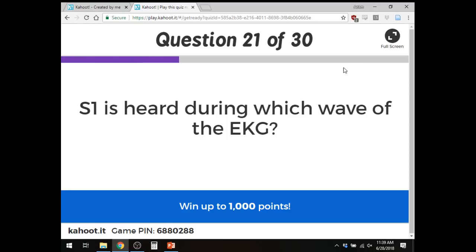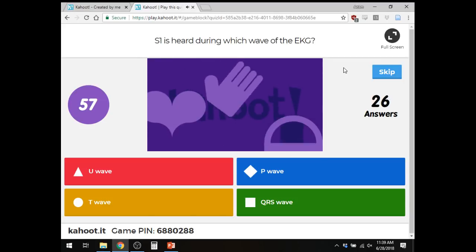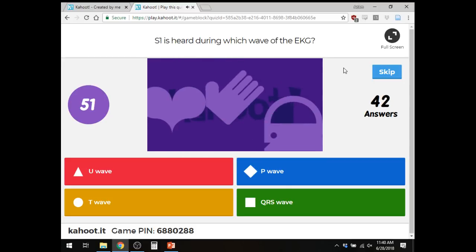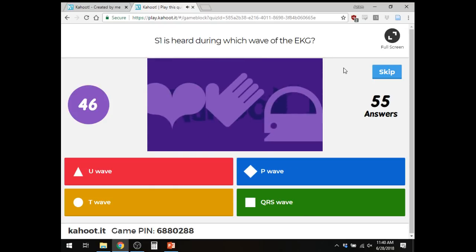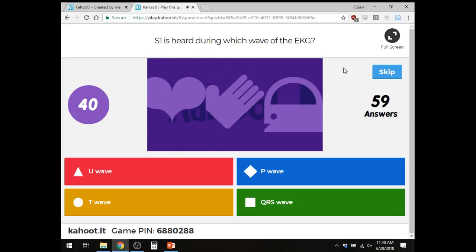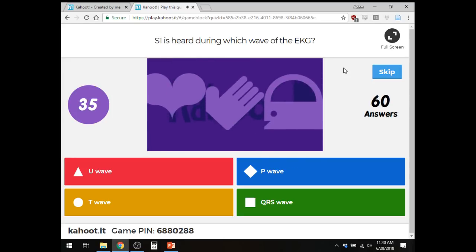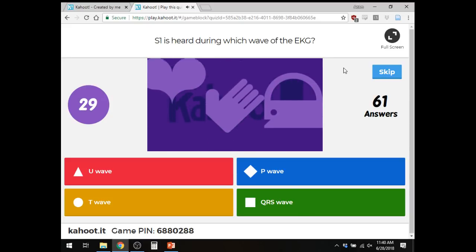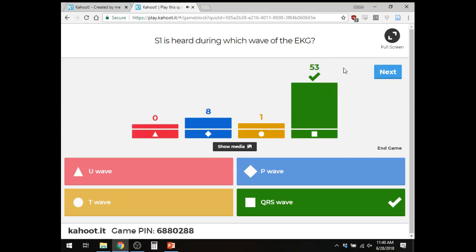S1 is heard during which wave of the EKG? U wave, P wave, T wave, QRS wave. Perfect.